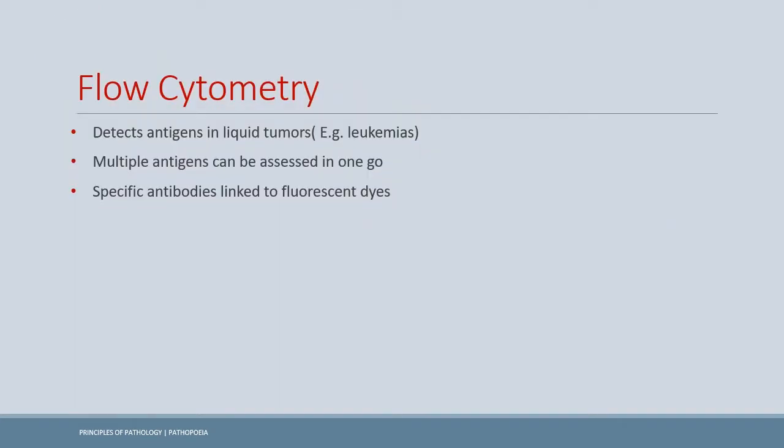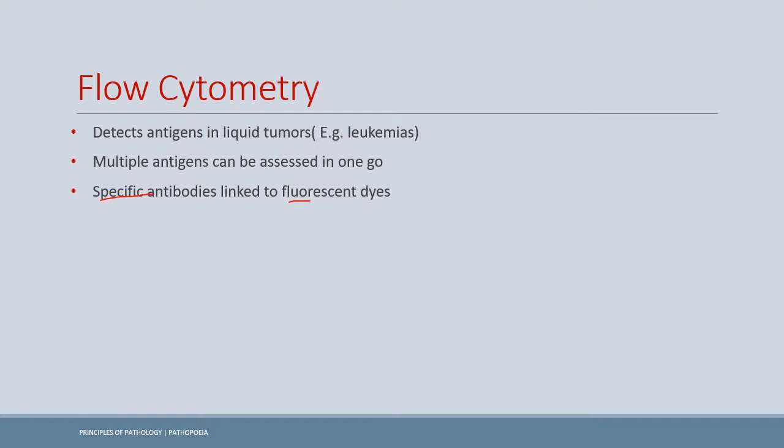Okay, flow cytometry. The idea here is that we use specific antibodies that are targeted against the specific receptor or any other cell, which are linked to a fluorescent dye, which when we add the reagent externally, start to produce color.